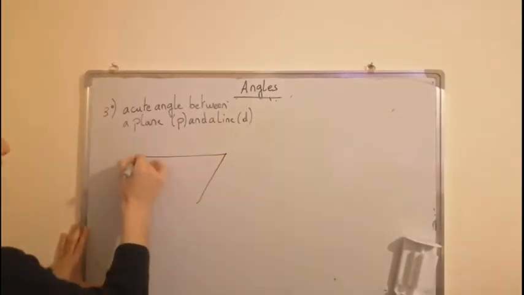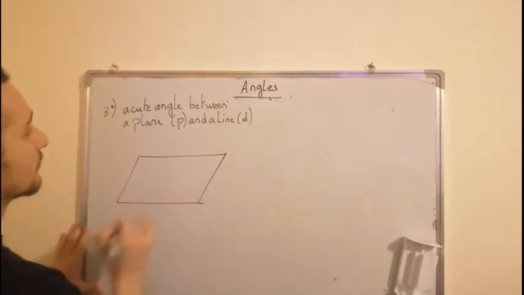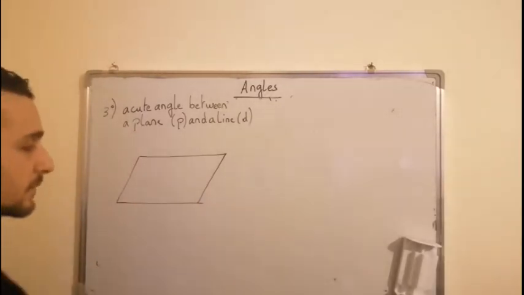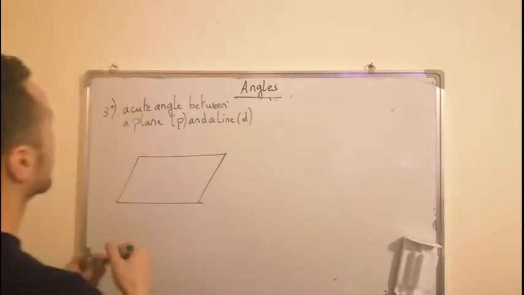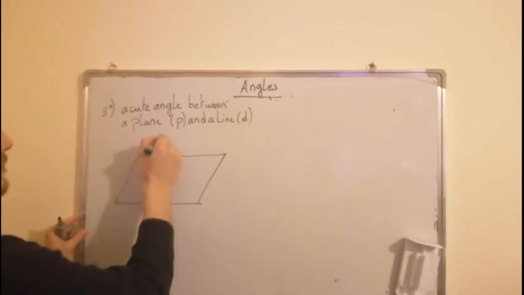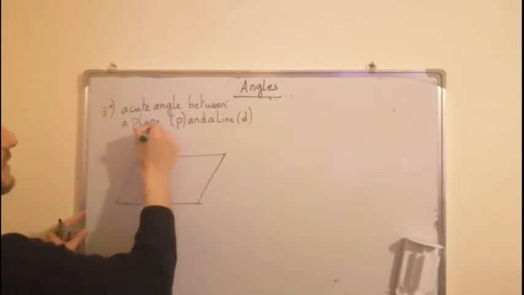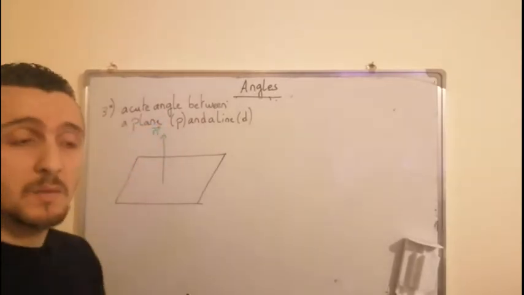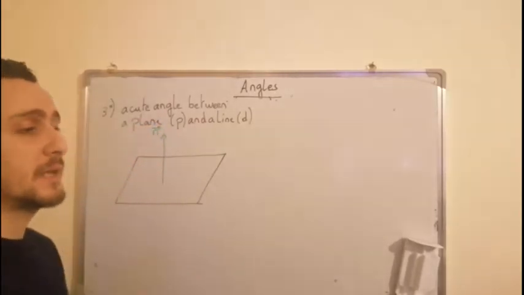Plane P, we have a plane P, and we draw its normal vector. What's the meaning of normal vector? It's a vector perpendicular to this plane.